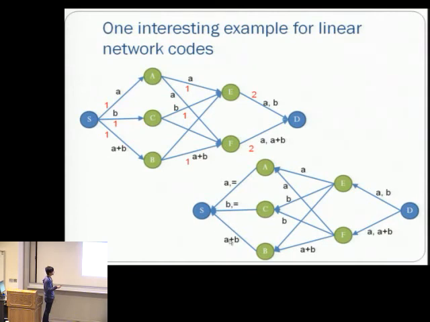It's necessary to have a nonlinear code to achieve the rate of 2. However, this nonlinear code is very similar to the linear code being used in the forward topology. Almost all the transmissions are the same, except that A gets 2 copies of A from E and F, and C gets 2 copies of B from E and F.